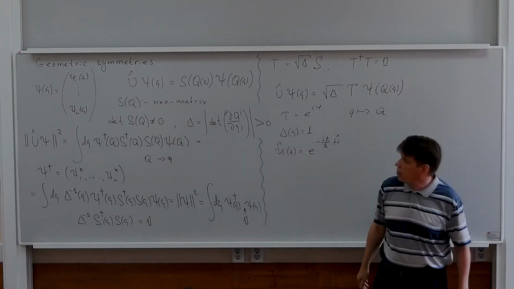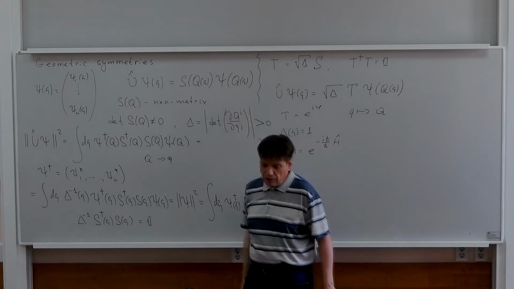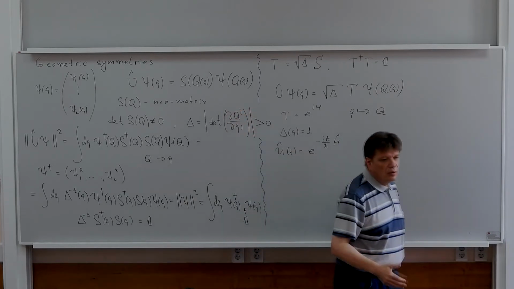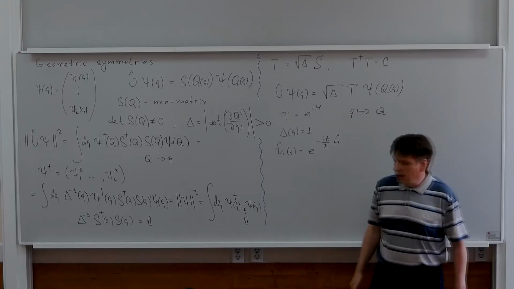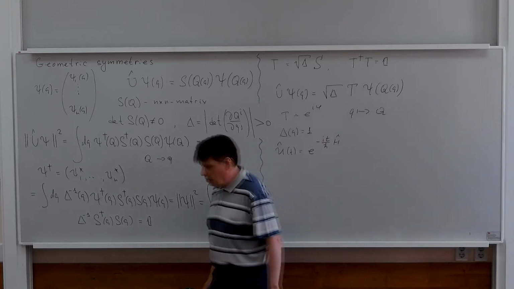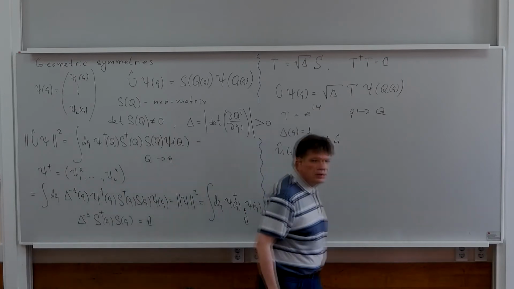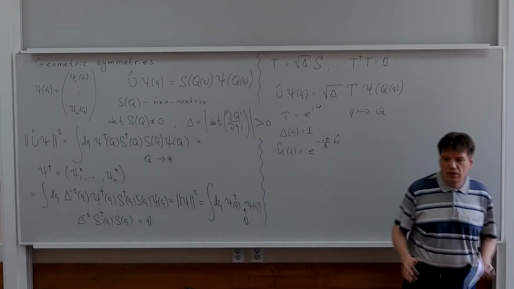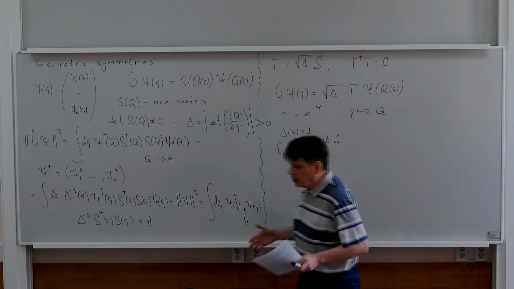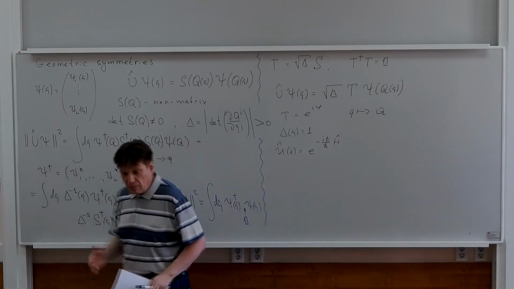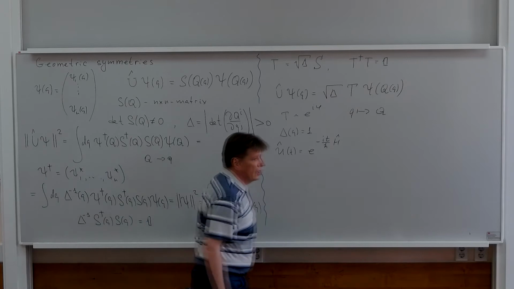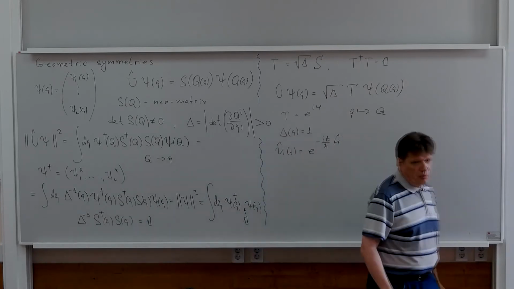One and the same symmetry operator may be geometric in one representation and not geometric in another. So the division of all symmetry operators into geometric and non-geometric is not absolute. And the same, by the way, is true for point canonical transformations.